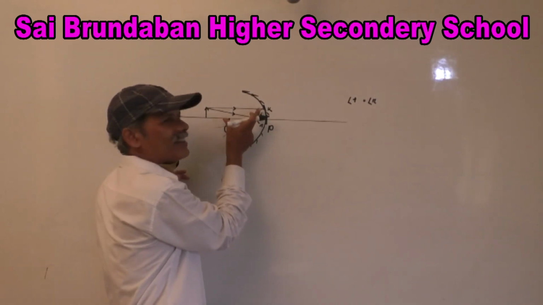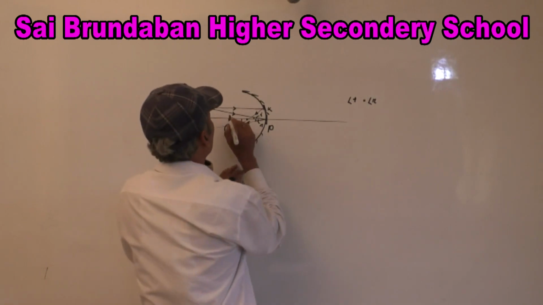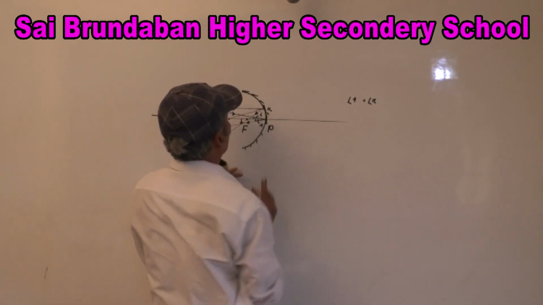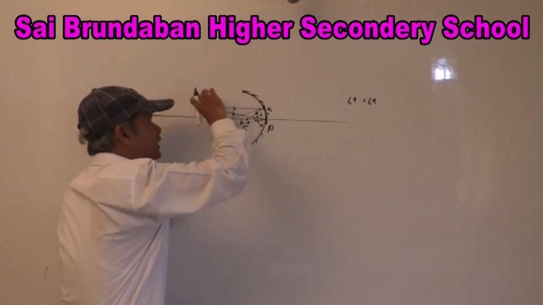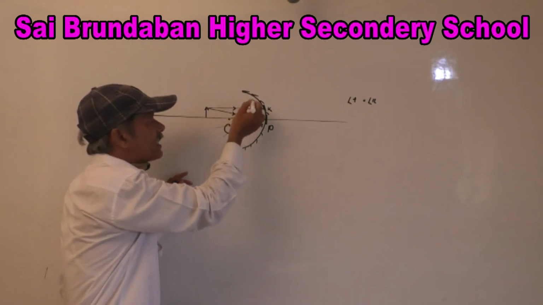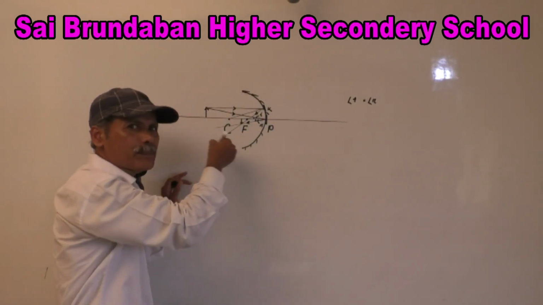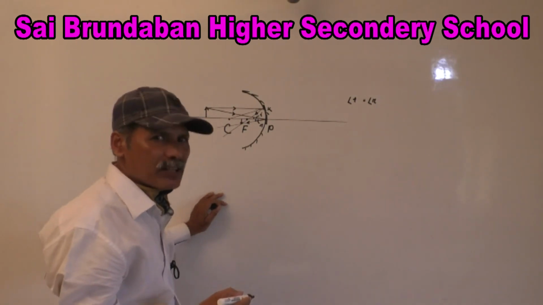This is the radius of the sphere. You see, I have joined it. This is the radius of the sphere. Taking this radius, you can complete the whole sphere. In two dimensions, the sphere appears like a circle.